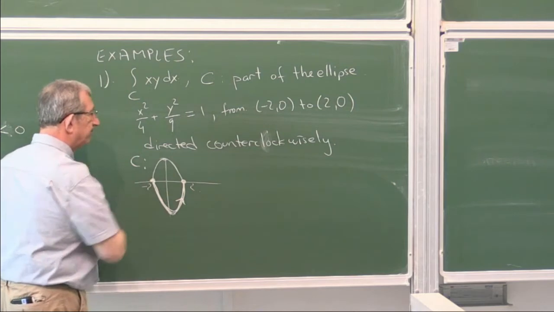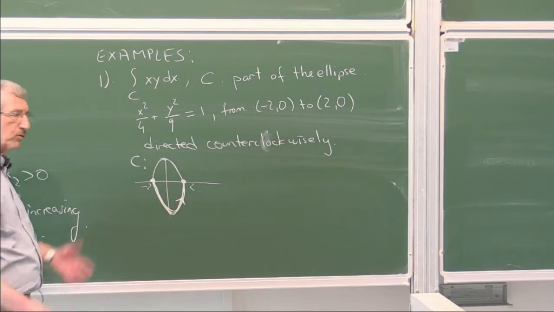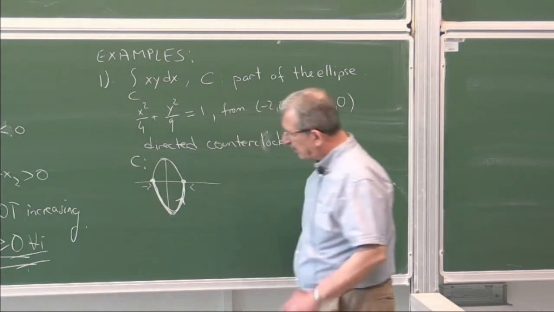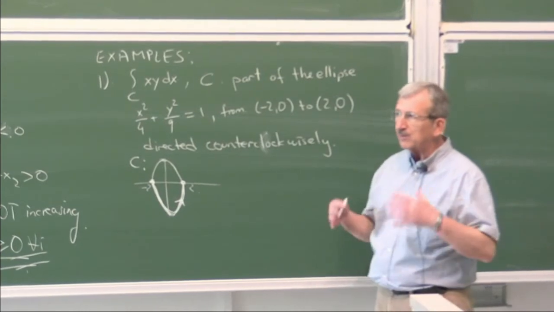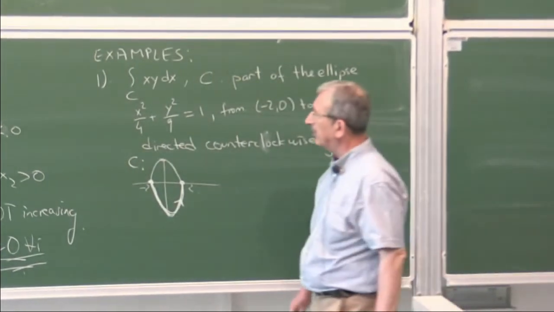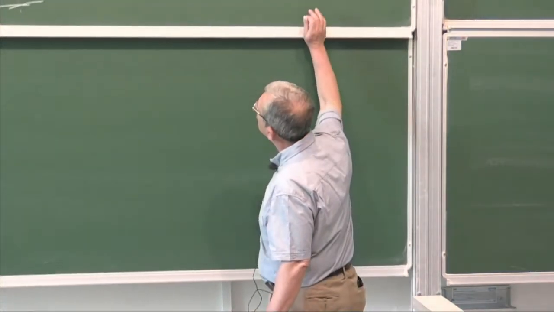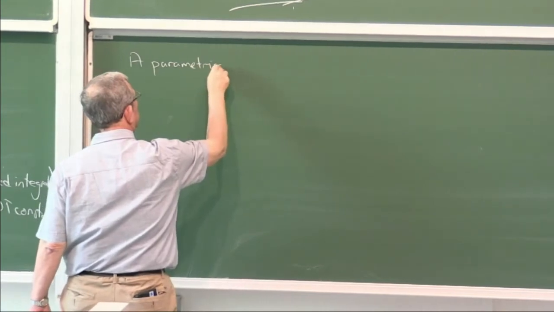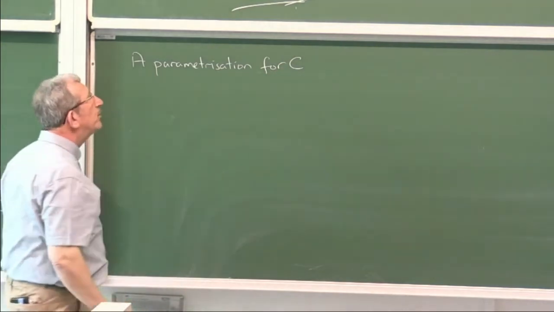Now to evaluate the integral, of course, we need a parametrization. Since it's a directed curve, the direction must be observed. That is, we must be consistent with the given direction. So let us go step by step. Now, a parametrization for C, of course, would be the following.